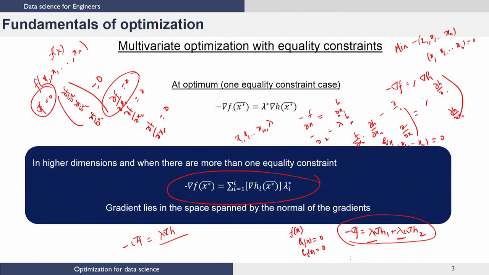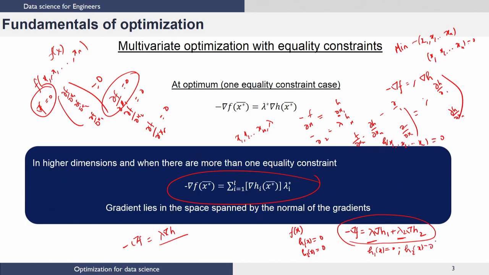So, these are all n by 1 vectors. So, this will just give me n equations. Nonetheless, if I had two equality constraints, I need to find the two extra equations which are directly given by the constraints. So, since the optimum point has to satisfy both the constraints, I get one extra equation h1 x equals 0 and the other extra equation h2 x equals 0.